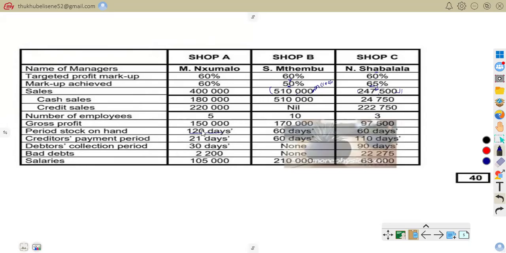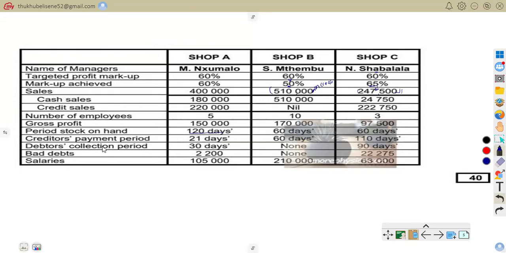It is the only one which has this highest number of days for the stock holding period. So 120 days is too high. So meaning stock stays too long and the risk of damage as well as theft is there. That is the first problem that we can say we identify, 120 days.